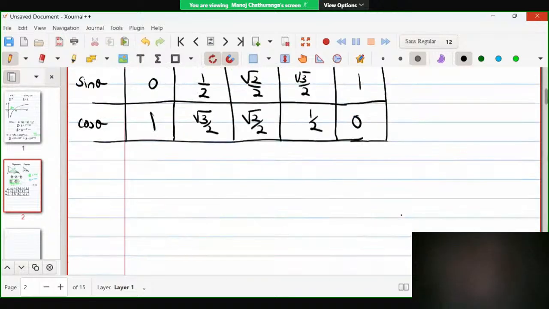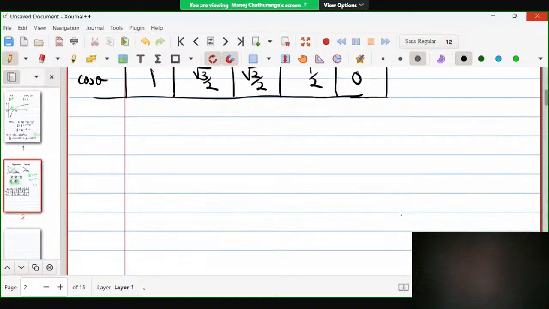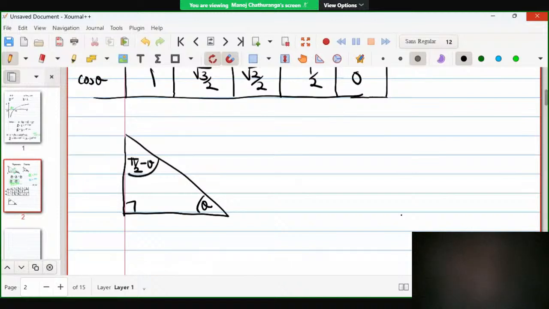This is simply because in the triangle, if this angle is theta, the other angle is pi by 2 minus theta. So the opposite side of theta is really the adjacent side of this complementary angle.